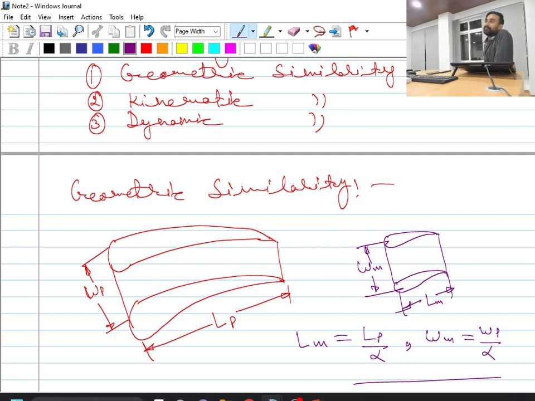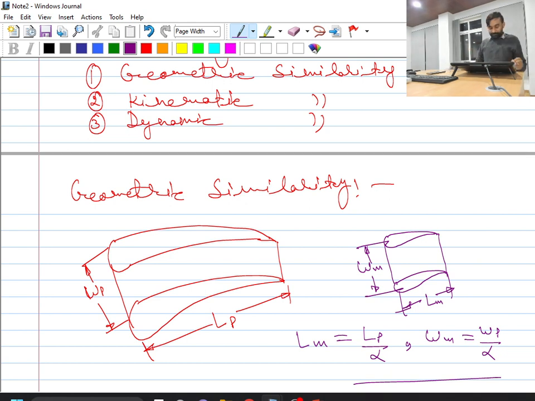Is this point clear? So for geometric similarity, all the corresponding length scales, or commensurate length scales, between model and prototype must have the same scaling parameter. For example, alpha over here: length of model is equal to length of prototype by alpha, width of model equal to width of prototype by alpha.